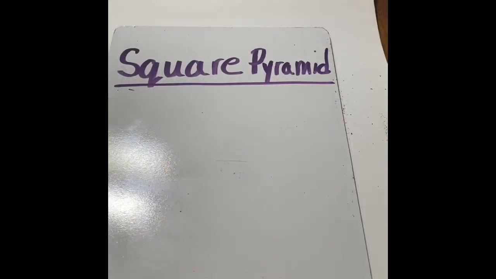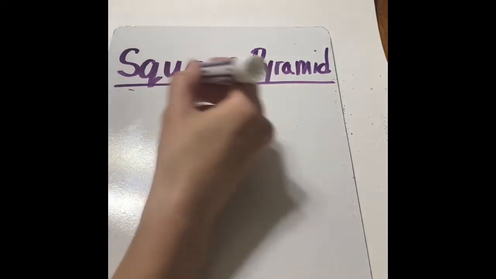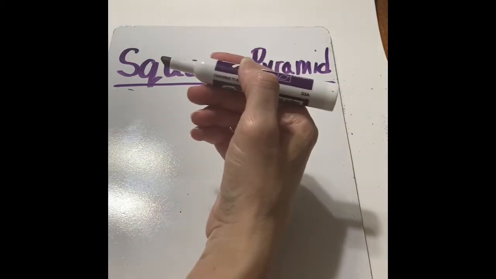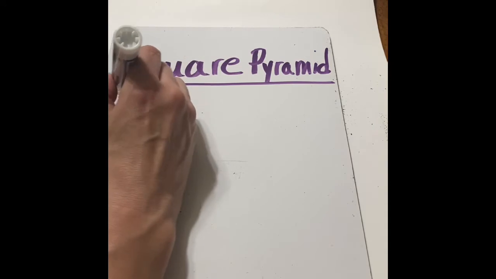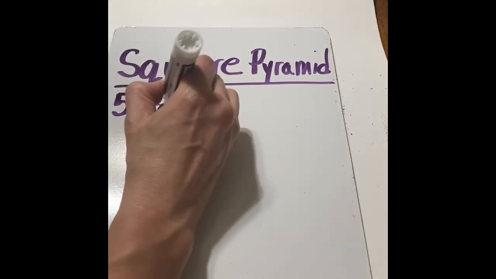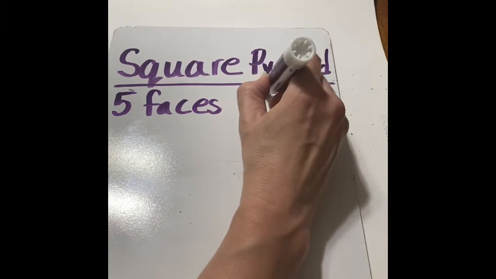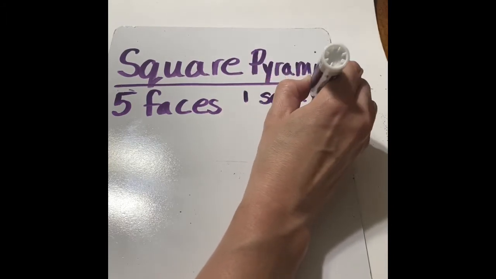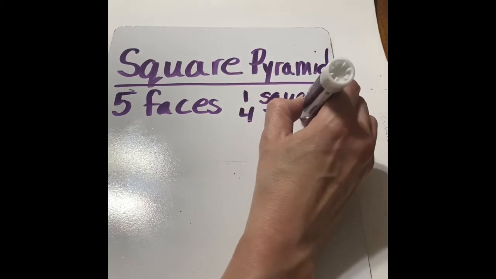The next one we have is a square pyramid. A square pyramid is named a square pyramid because it has a square on the bottom, its base. And a square pyramid has 5 faces. 1 is a square, and 4 are triangles.